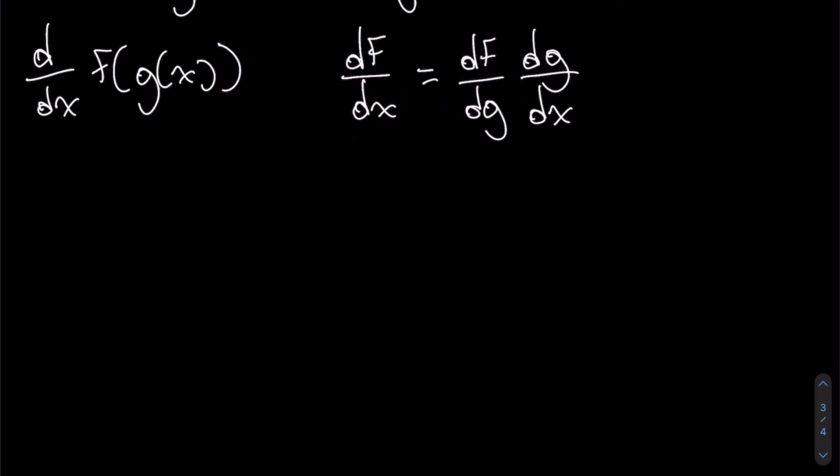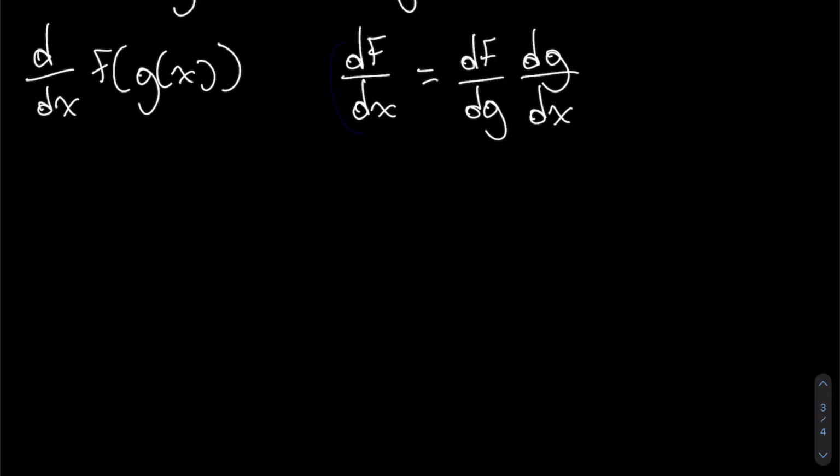So thinking of it in this way, I proved the chain rule by just saying, look, if I write df by dx as df by dg times dg by dx, this is the same thing because these dg's effectively cancel and you still have df by dx. So you can basically take the derivative of f with respect to g and then multiply that by the derivative of g with respect to x.